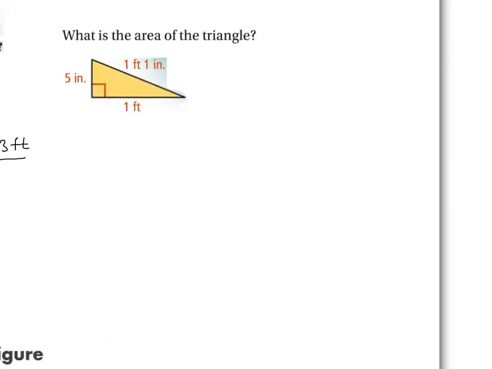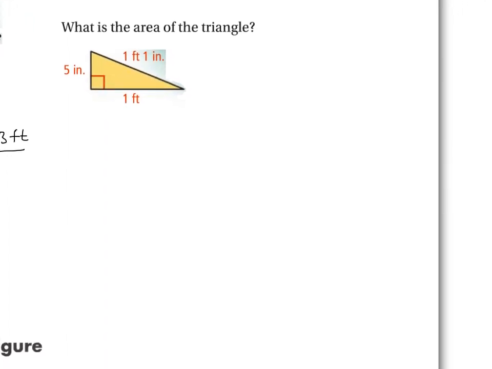Okay, now, in this case, what's the area of the triangle? As we look at the triangle here, what's the area of it? We got area is base times height divided by 2, and you'll notice we've got some different units here. So I'm going to convert these all to inches. Instead of 1 foot, I'm going to say that's 12 inches. There's 12 inches in a foot.